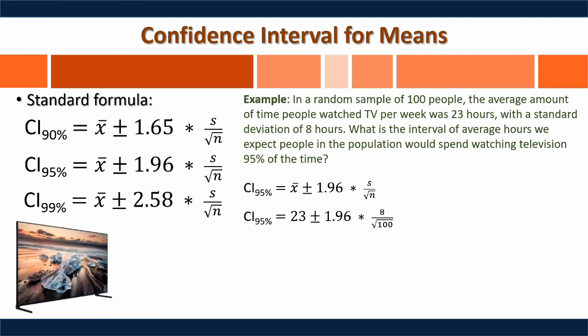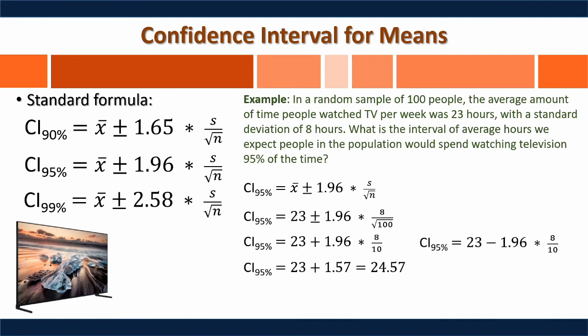So let's start with the plus side of this equation to find the upper bound of this confidence interval. The upper bound would be 23 plus 1.96 times 8 over 10. Doing the arithmetic, the upper bound is equal to 24.57. Now let's do the minus part of this plus or minus equation to find the lower bound.